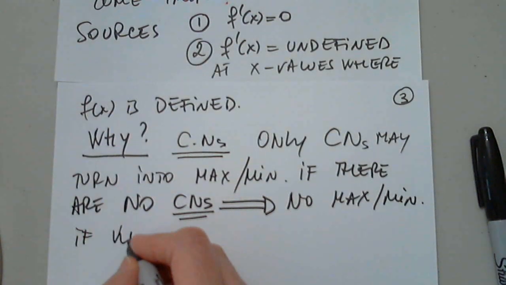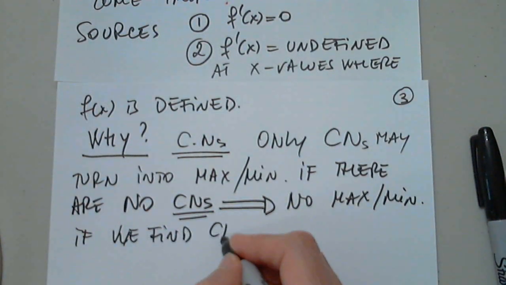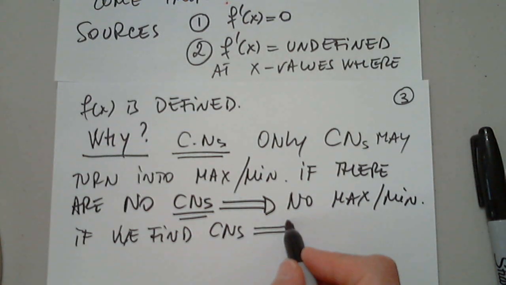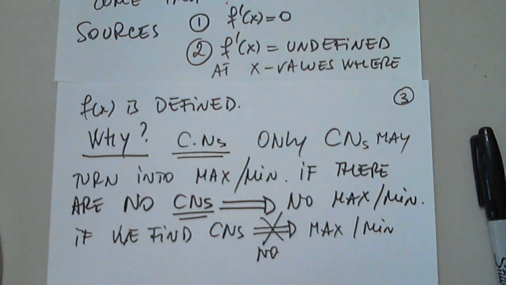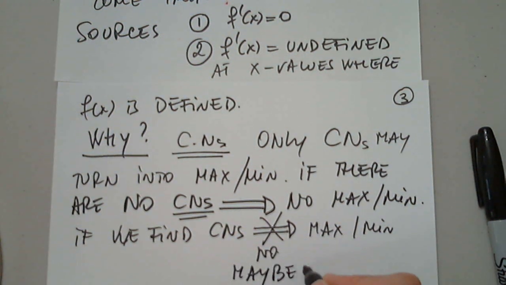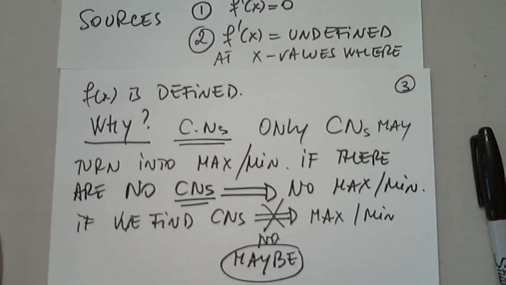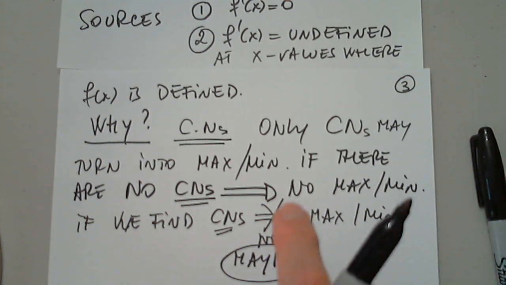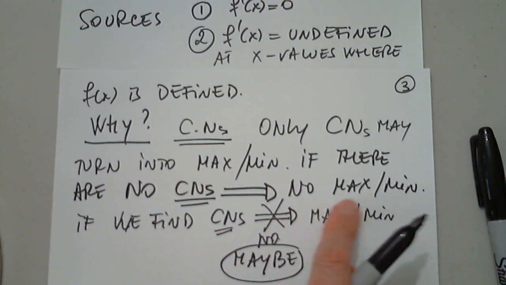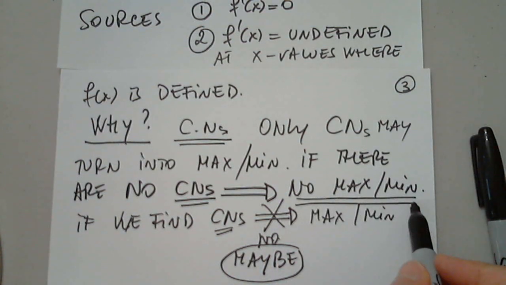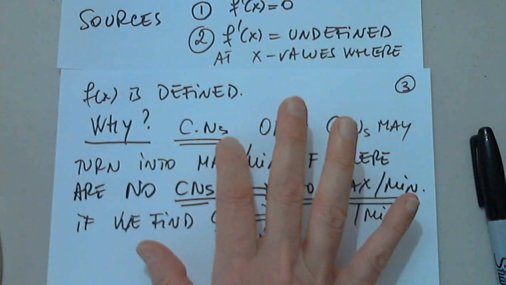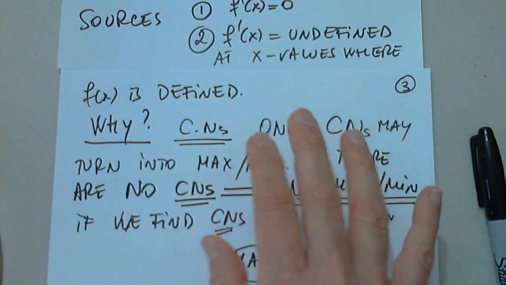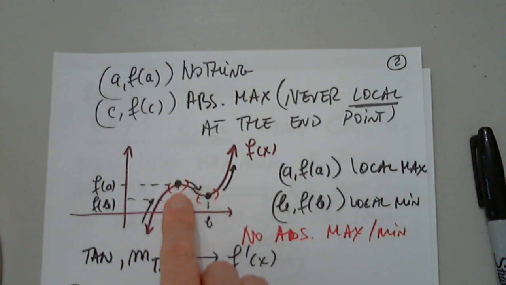If we find critical numbers, does that mean that there is a max or min? No. Maybe is the correct answer. If we find critical numbers, they may turn into max or min. But if we don't have any critical numbers, we know for sure there is no max or min. So that is the reason why we're looking for critical numbers. If we don't find critical numbers, we will know immediately that we will not find any max or min.